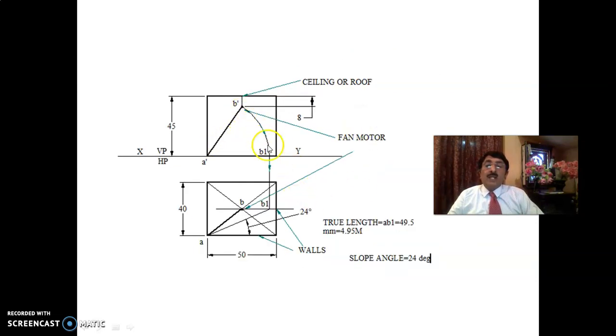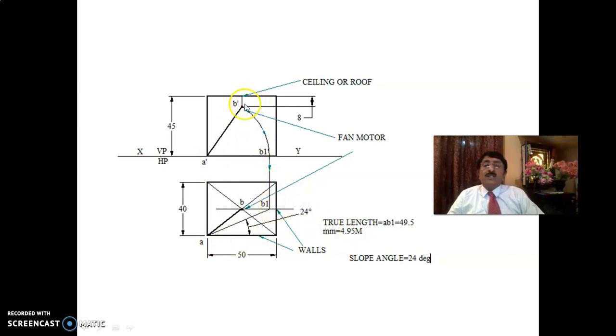Now you see here, this is the inclination, and you can take the slope angle. Even otherwise, you can rotate AB, hit here, measure this, and determine the slope angle here also. But the main thing here is that you concentrate on the true length between one of the bottom corners and the fan motor.